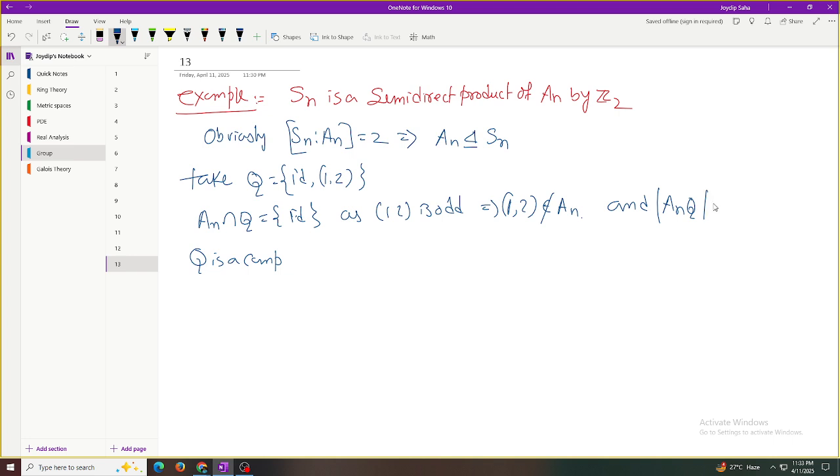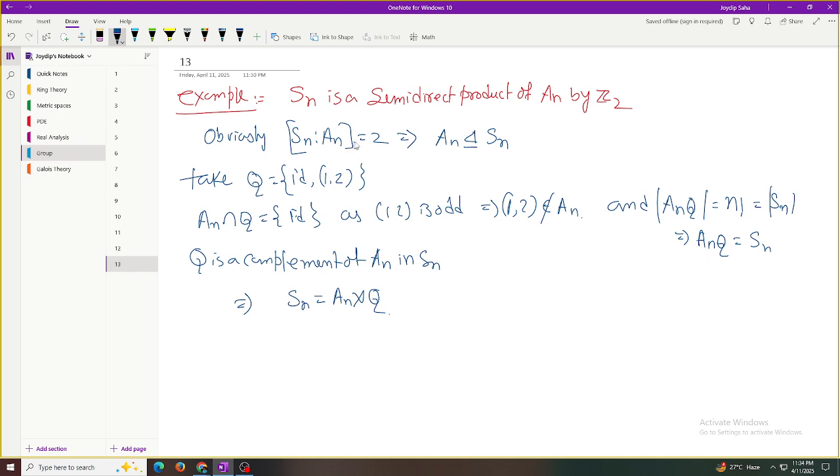AnQ cardinality is n factorial, equal to cardinality of Sn. I am using the formula cardinality of HK is cardinality of H times cardinality of K by cardinality of H intersection K. So AnQ is your Sn. Q is a complement of An in Sn. This implies Sn can be written as AnQ. Okay.